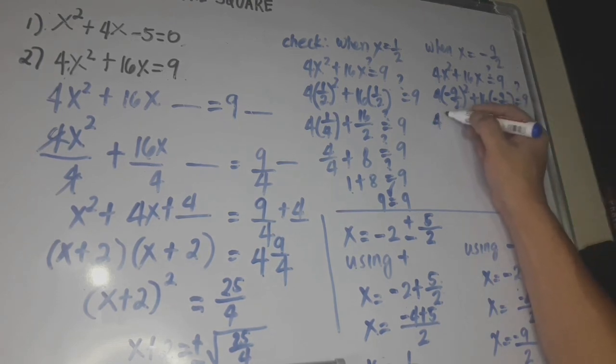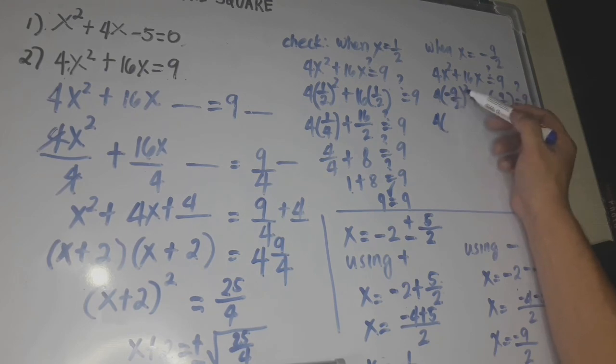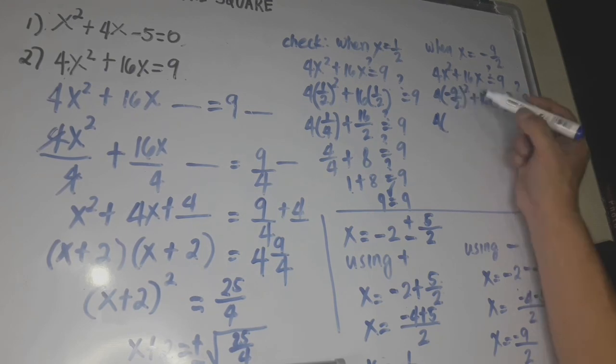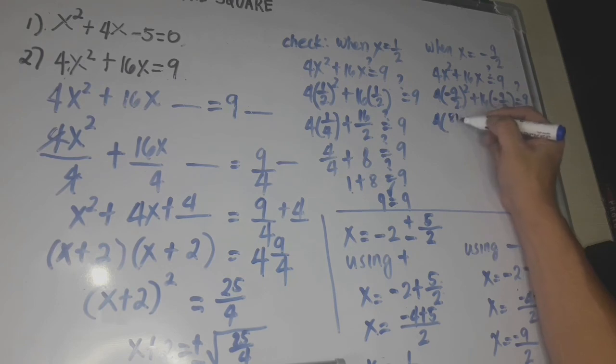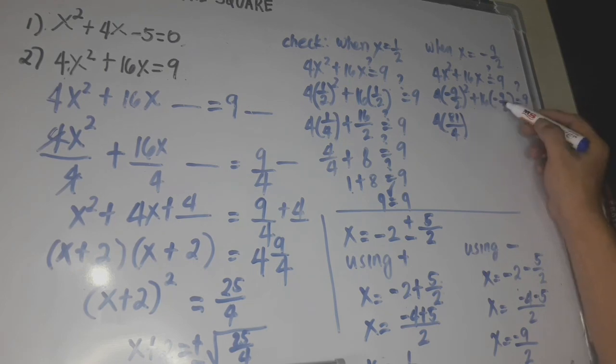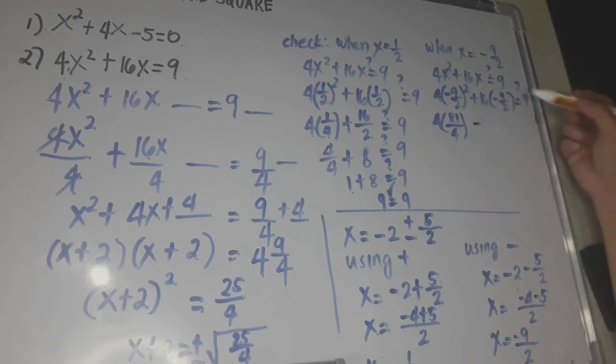So 4, negative times negative is positive, 9 times 9 is 81 over 2 times 2 is 4. Positive times negative is negative.